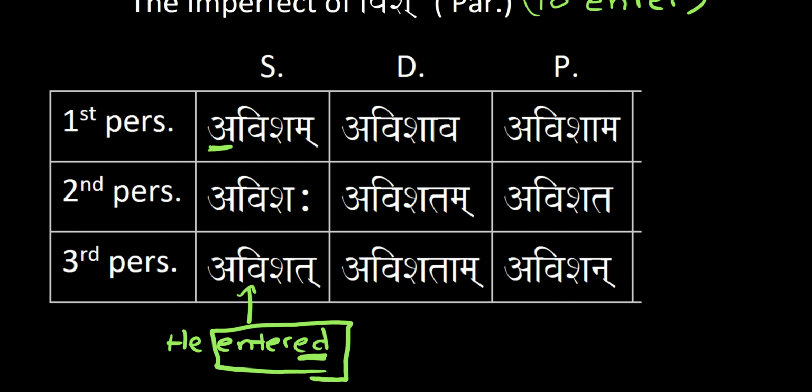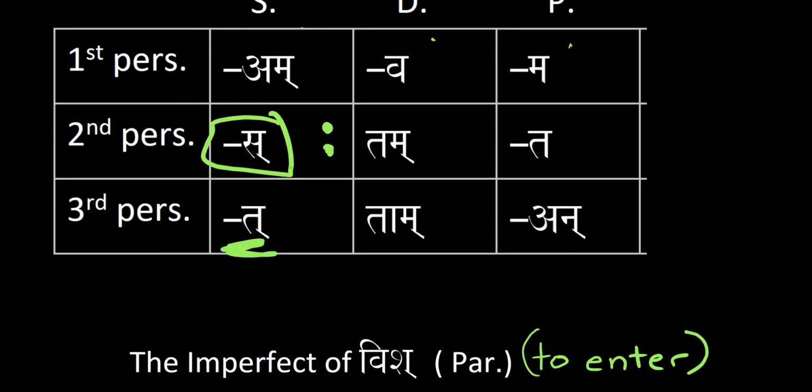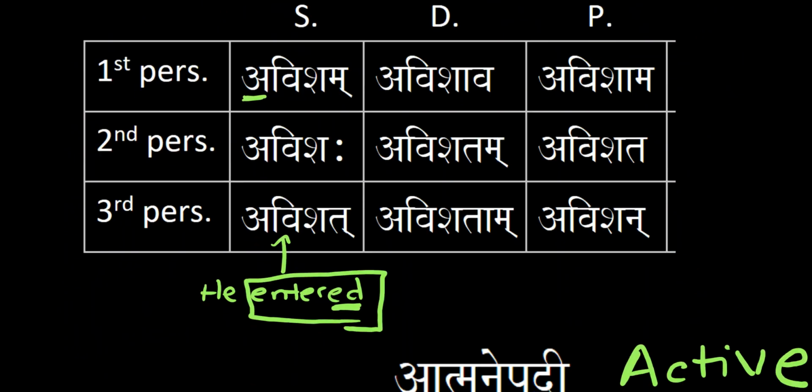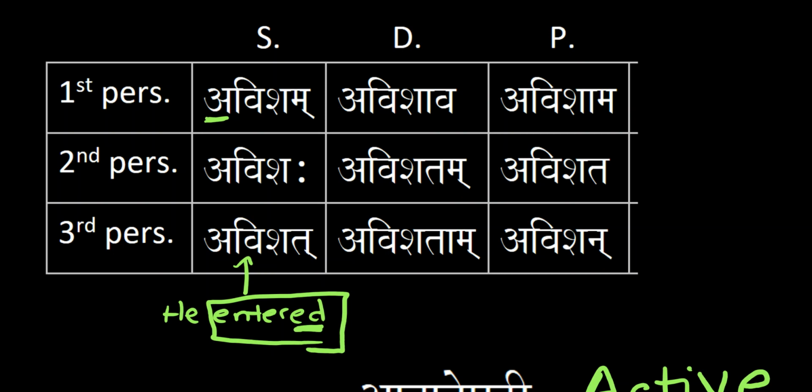Then we have second person singular, avishaha, that is replacing the sa according to the rule.